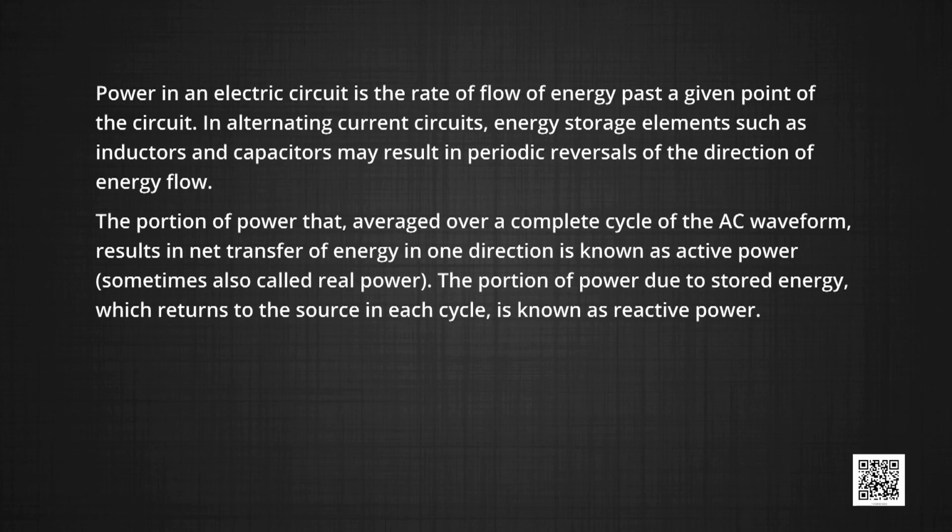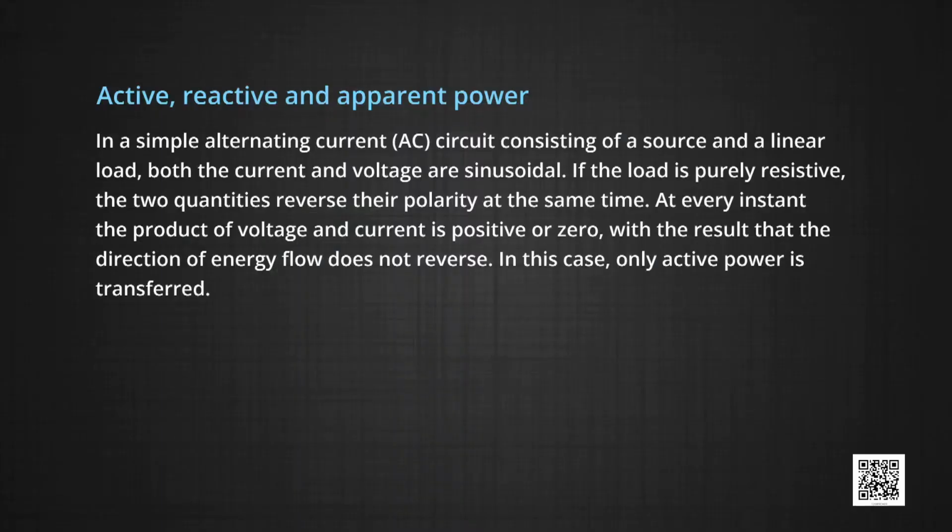The portion of the power due to stored energy, which returns to the source in each cycle, is known as reactive power. So, we can explain these different types of power: active power, reactive power and apparent power. In a simple alternating current circuit consisting of a source and a linear load, both the current and voltage are sinusoidal.